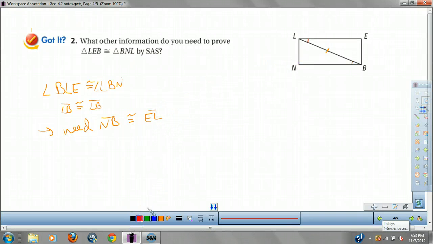Because if you look at the picture, if I mark these, then I have side, angle, side. Okay, SAS. When I follow letters, I have SAS, and that is one of our congruence theorems. So if I had this, they would be congruent by side, angle, side. Alright, one more slide.